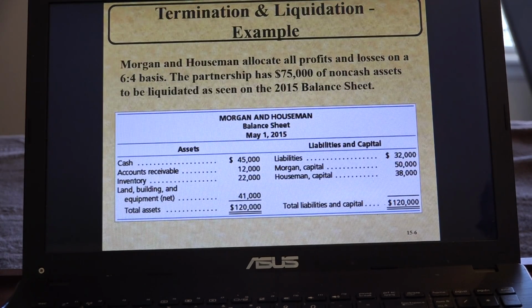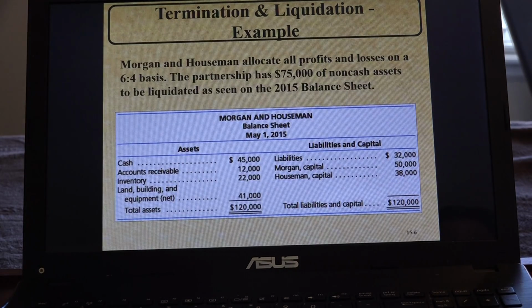And so here, the partnership has $75,000 of non-cash assets. Morgan and Houseman allocate their profits and losses on a 60-40 basis. We've got accounts receivable, inventory, and land that make up that $75,000.